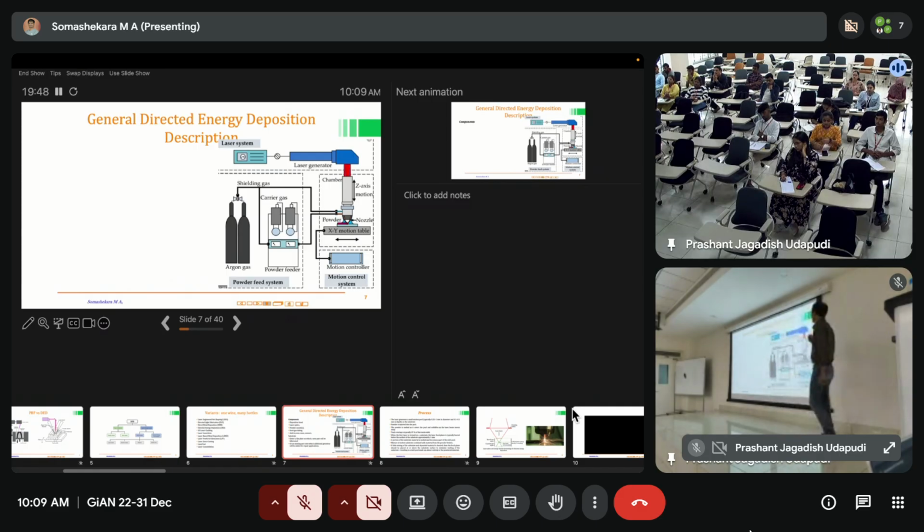If you don't shield it, whether powder or wire, you may find a lot of impurities, and you will not get a proper melt pool. To get a better melt pool, you need to shield the deposition area.